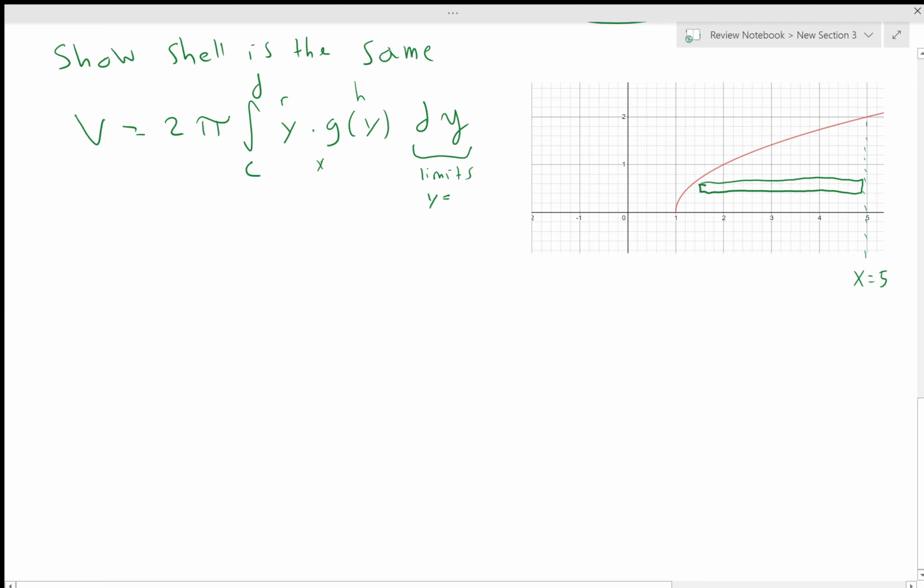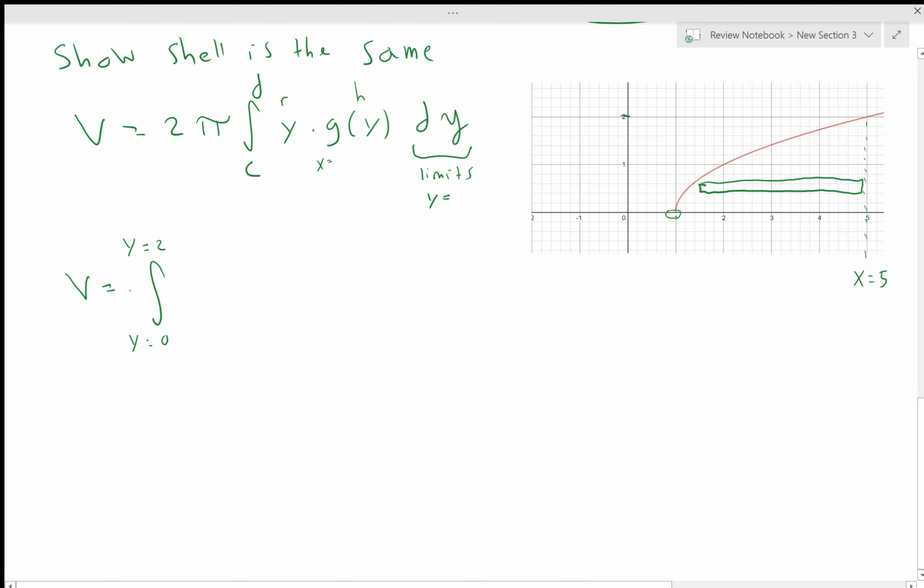We just know these are x equals equations. So what would my limits in y equals be? We see that it would go from y equals 0 to y equals 2. I like having that written there so there's no confusion.